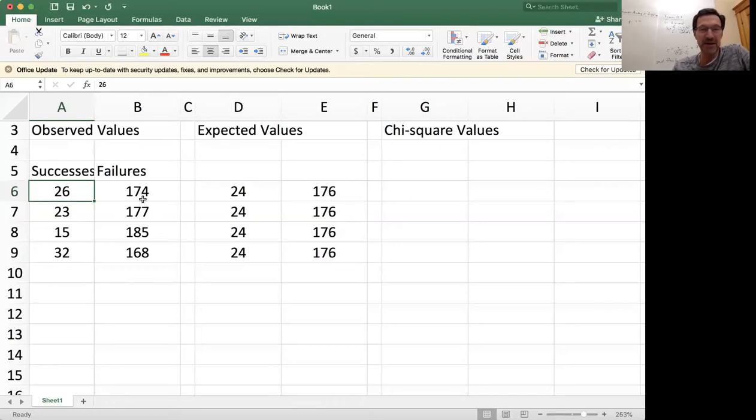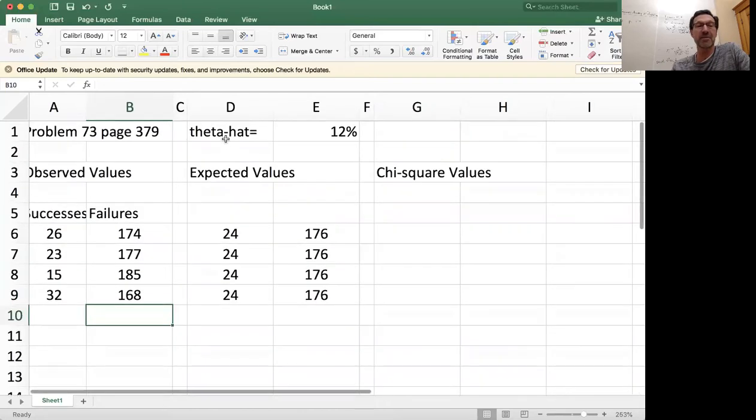I mentioned before the sample sizes are the same, so I kind of cheated a little bit, and I just used a formula. You can see it, 200 minus A6, and copied it down. When the sample sizes are the same, some nice things happen. That's one of them. Another one is that the expected values are all the same. Under the null hypothesis, somewhere I calculated my theta hat.